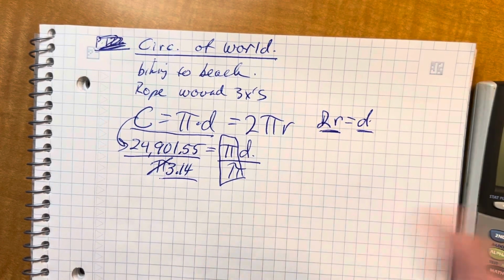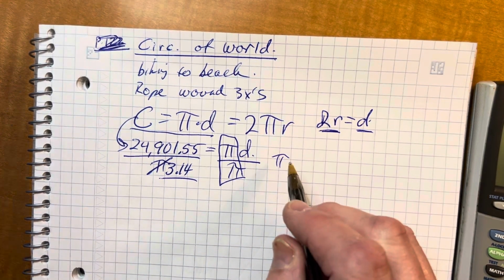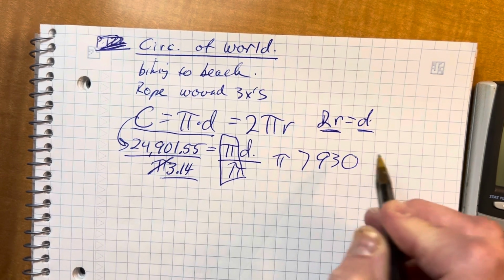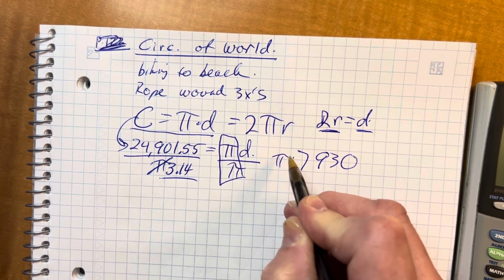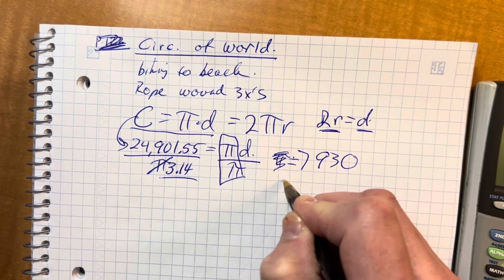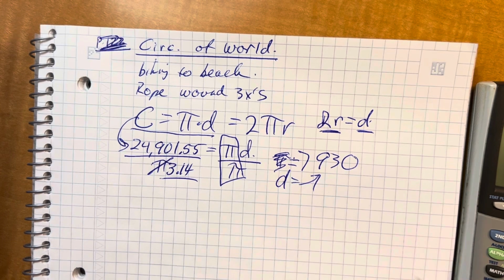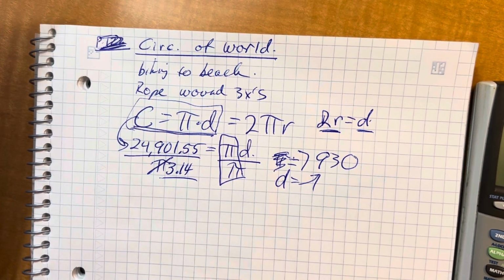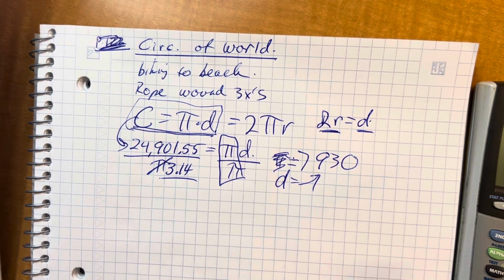So you're going to say approximately 7,930. Okay? That's what you're going to get approximately. Not pi, but the diameter is this. So it's really important that you remember the circumference equals pi times diameter. Okay? Let's go on to the next one.